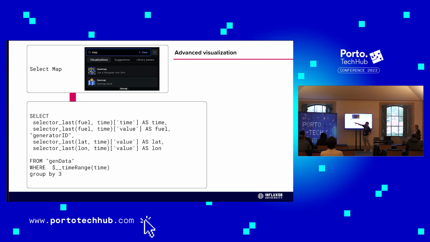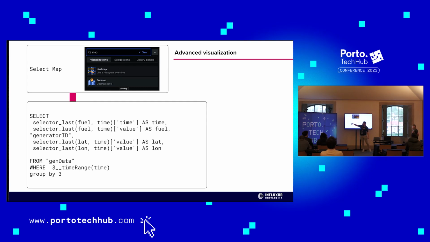So this is going to give me time and the value for that last. With select to last, you return a JSON payload in this instance. And the JSON payload will have the key time and the key value. And we're basically saying, give me the time and value for that. So this is what happens with select to last.